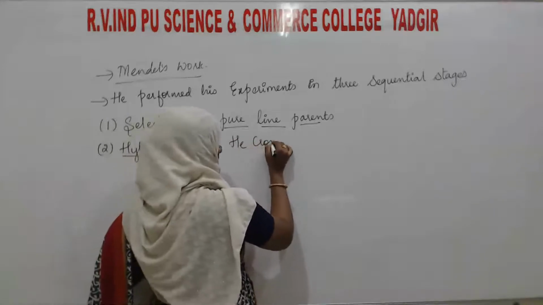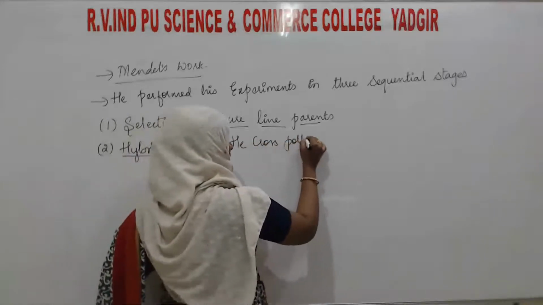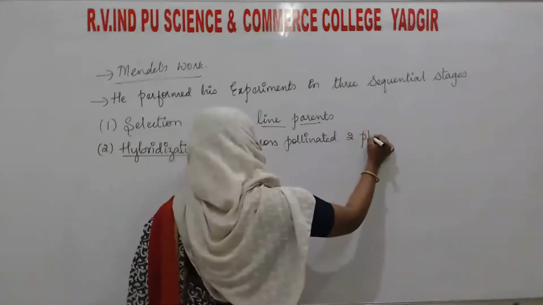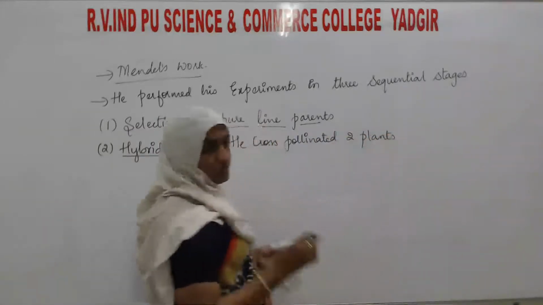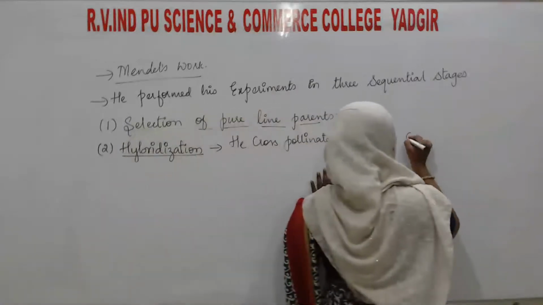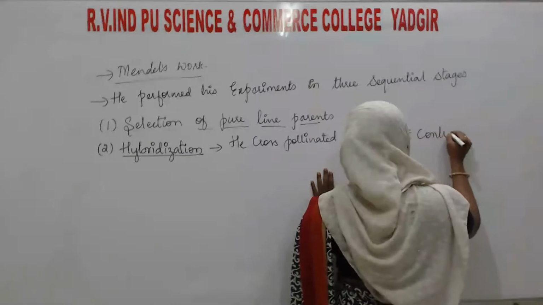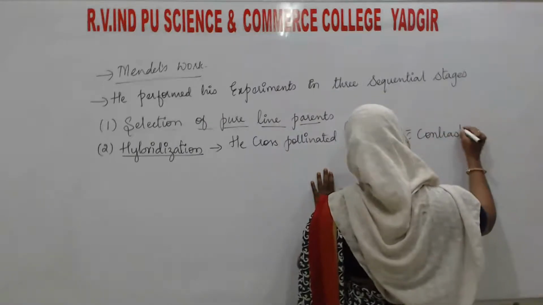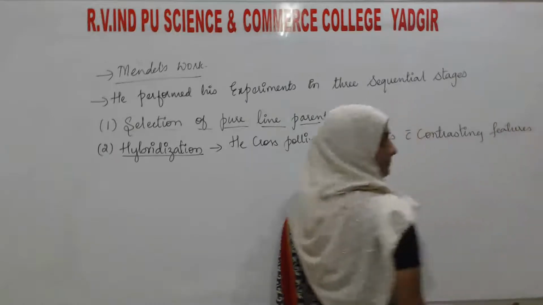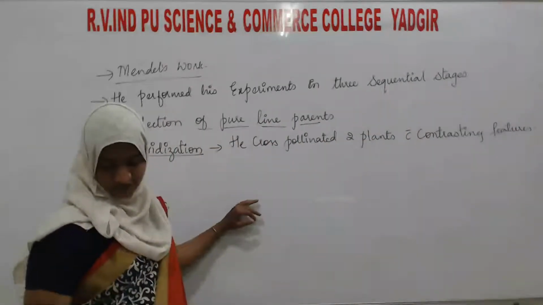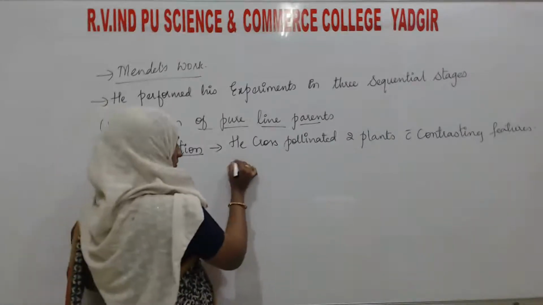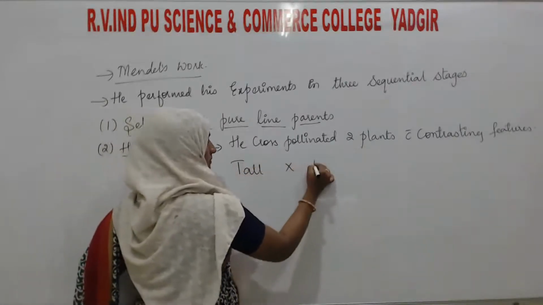He cross-pollinated two plants with contrasting features. For example, a tall plant crossed with a dwarf plant.